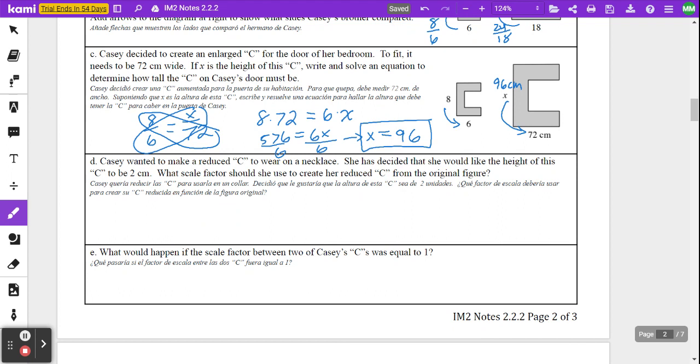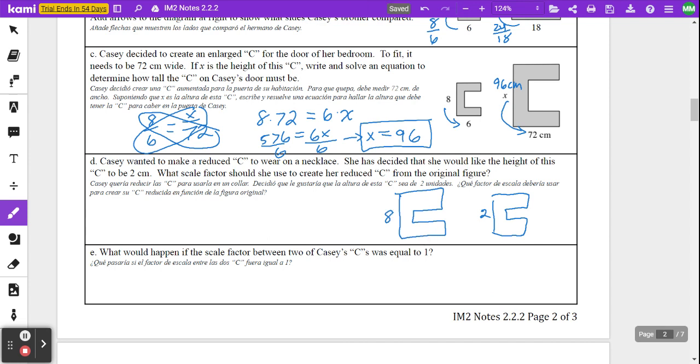Okay, now Casey wants to reduce the C to wear on a little necklace. She has decided that she would like the height of the C to be 2 centimeters. What scale factor should she use to create her reduced C from the original figure? It helps me to have this original figure.